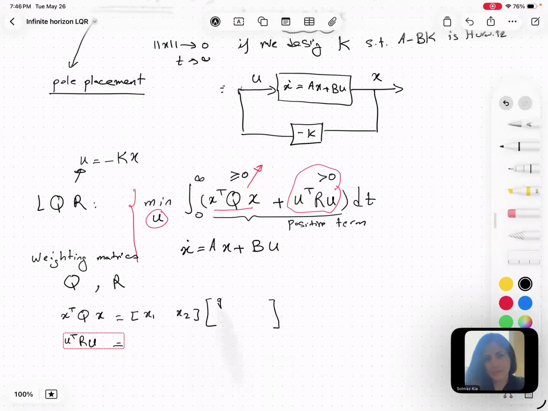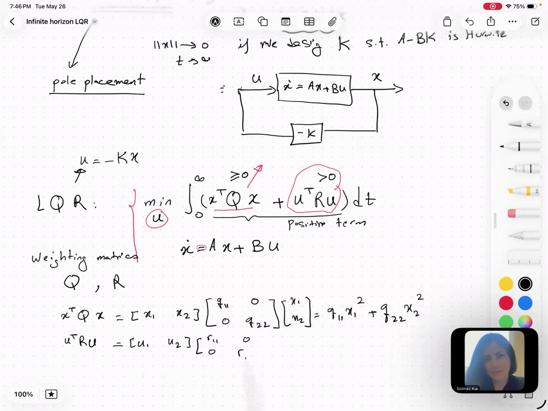So I'm going to write this as Q11, 0, 0, Q22 times x1, x2. And so this is Q11 x1 squared plus Q22 x2 squared. And for this one, if I assume two inputs, as I said, we often use diagonal matrices for these R and Q.